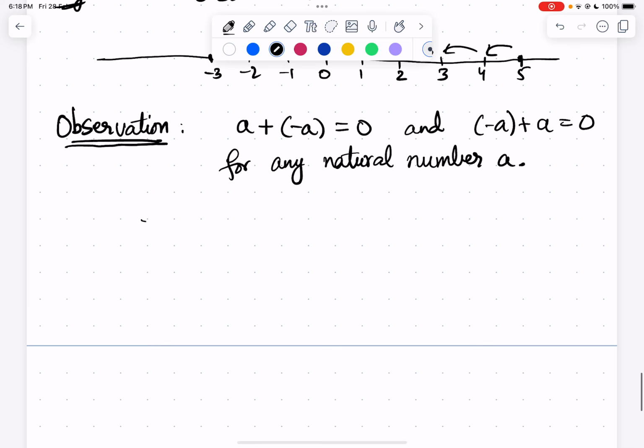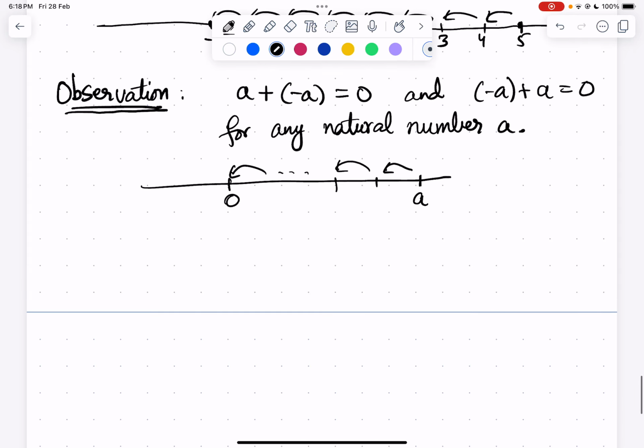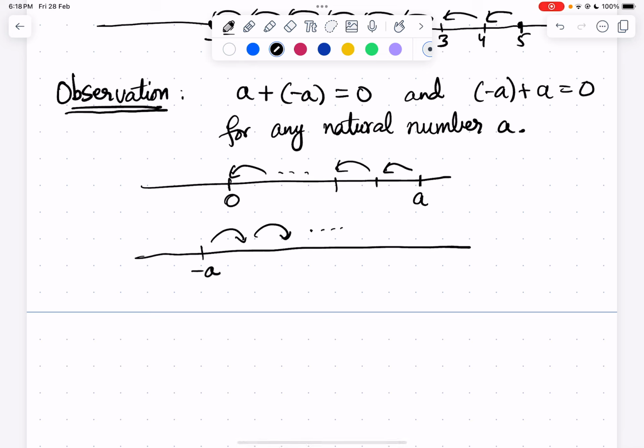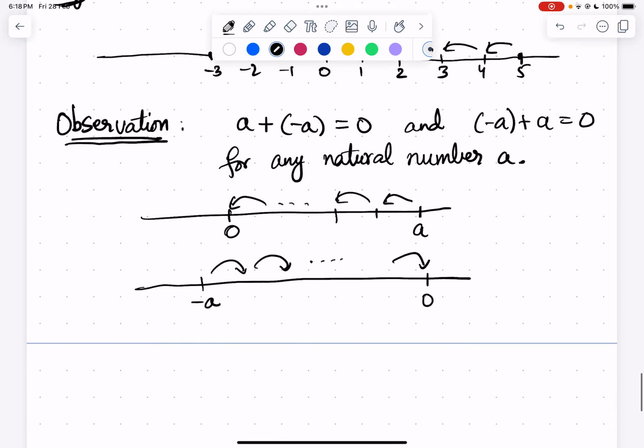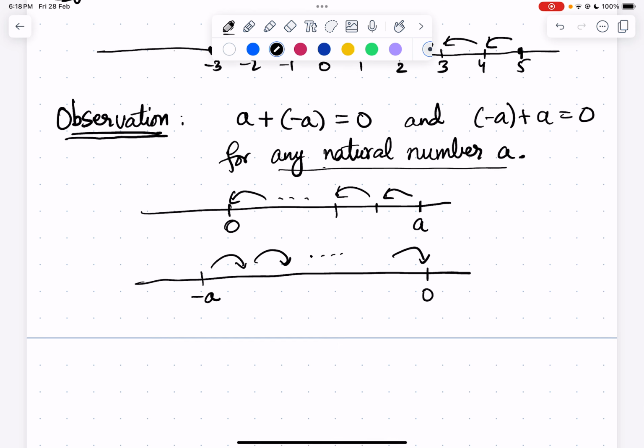Because if you begin at a and you take a steps backward, you get to 0. Or if you begin at minus a and take a steps forward, where a is a natural number, we get to 0. So a plus minus a is 0 and minus a plus a is 0 for any natural number a.